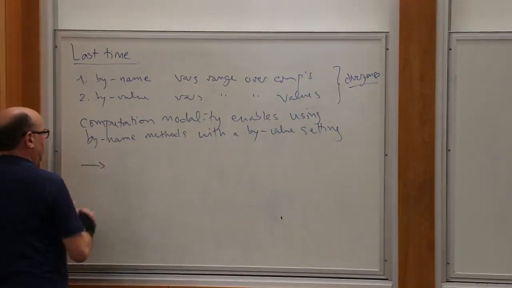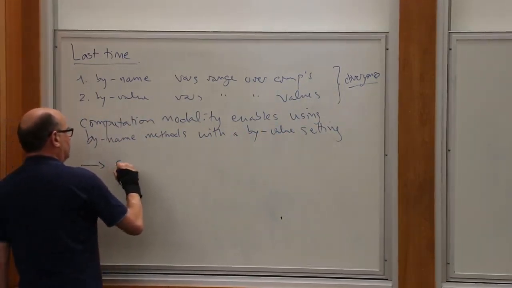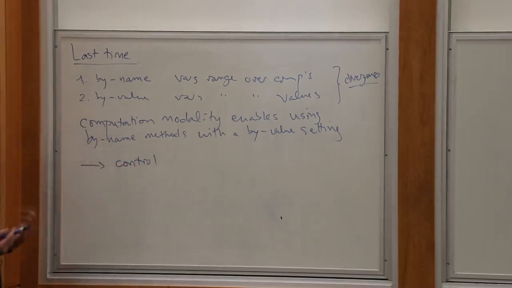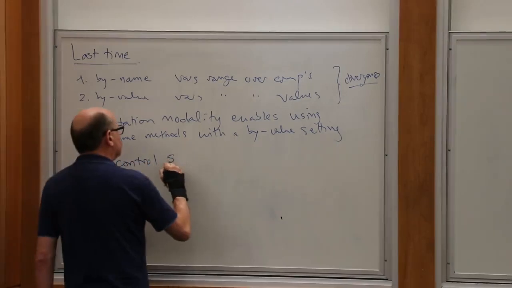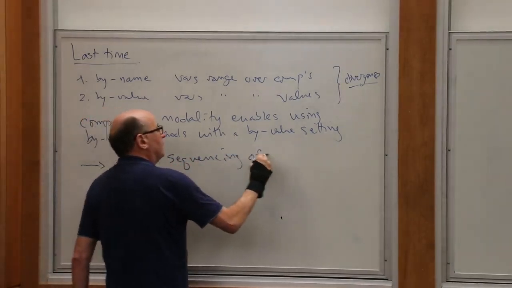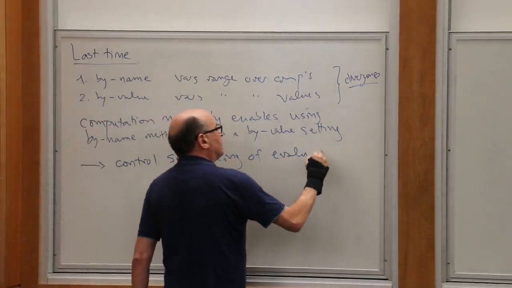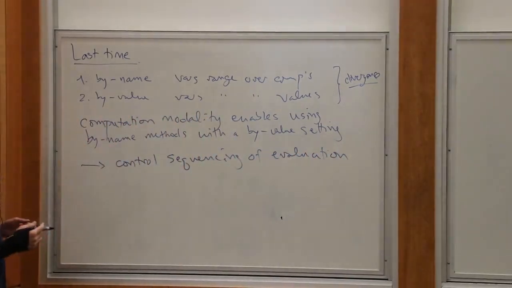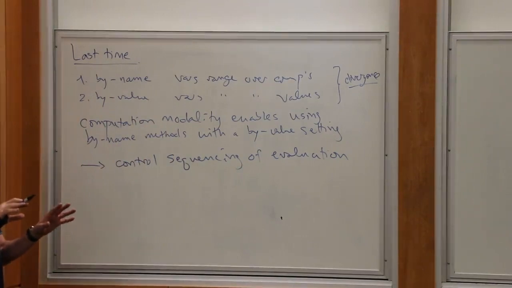And the critical thing here is that we have an explicit control, the elimination form for the computation modality, for the sequencing. So we control the sequencing of evaluation, which order things are done. And then we can relax them by saying, well, if I don't want this to be evaluated now, I'll label it as having a different type, an unevaluated computation.